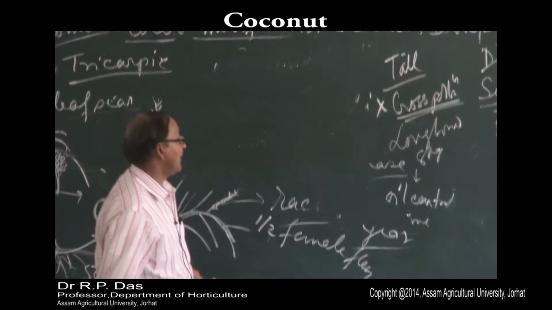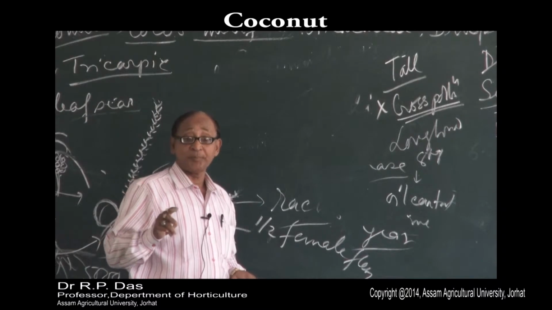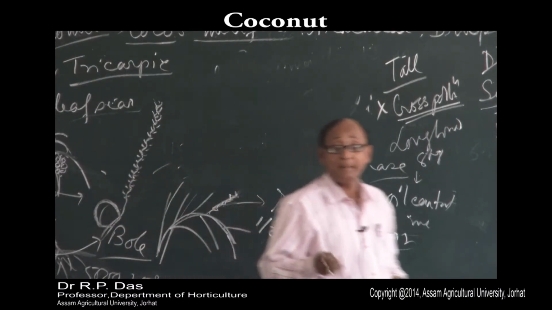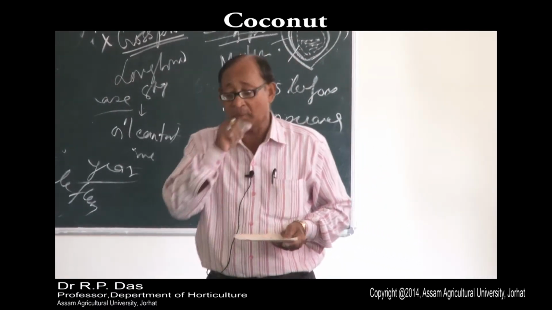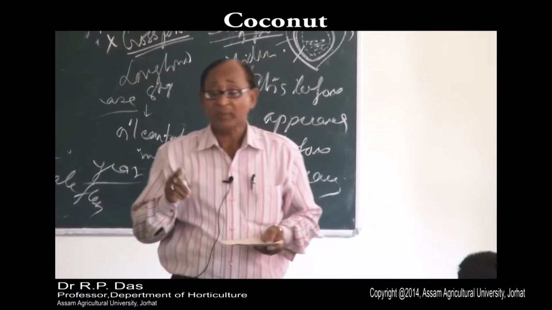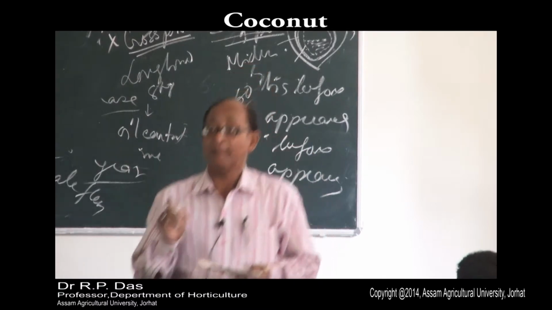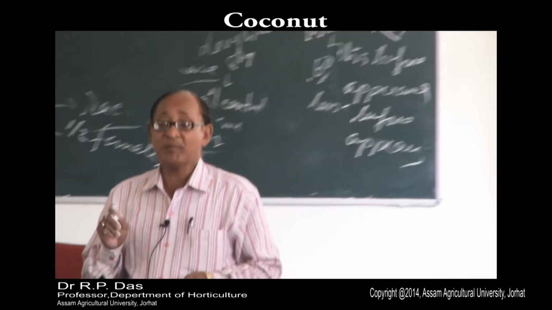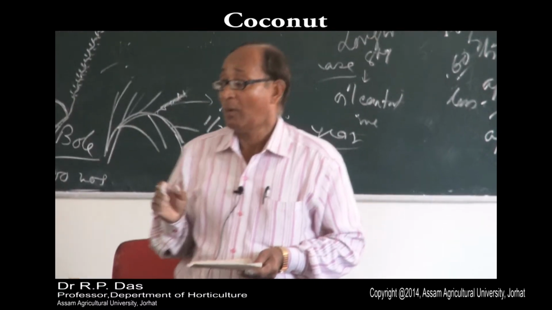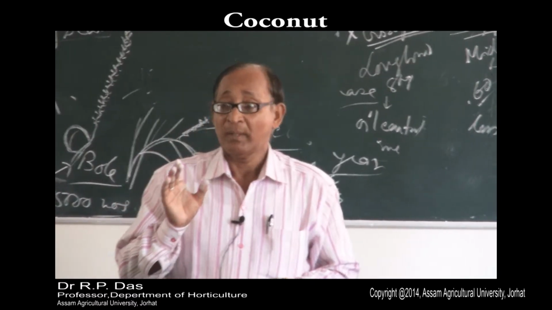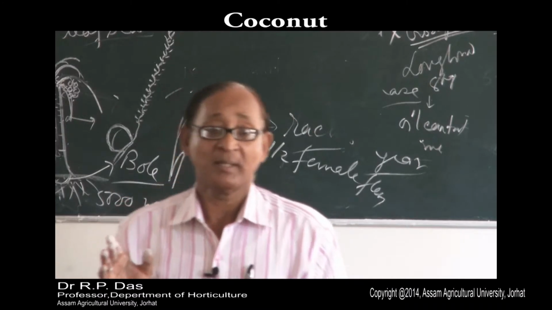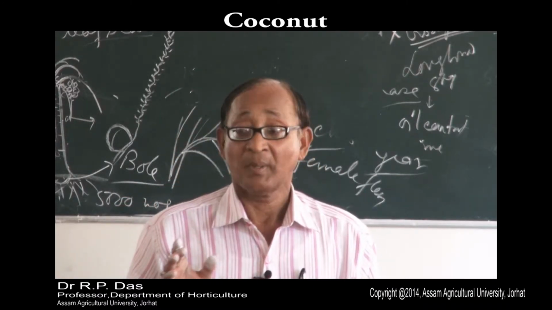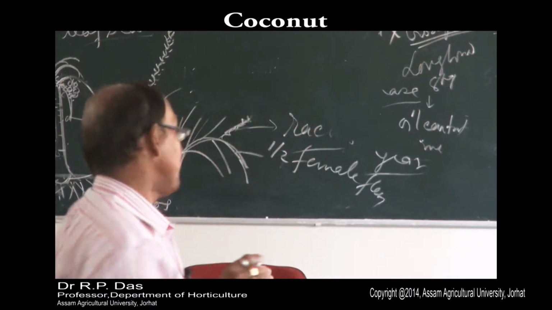Now if you find this composition of the immature fruits and mature fruits. Immature fruits, why is it important? Only for water, coconut water, which is considered as a nutritious cold drink.